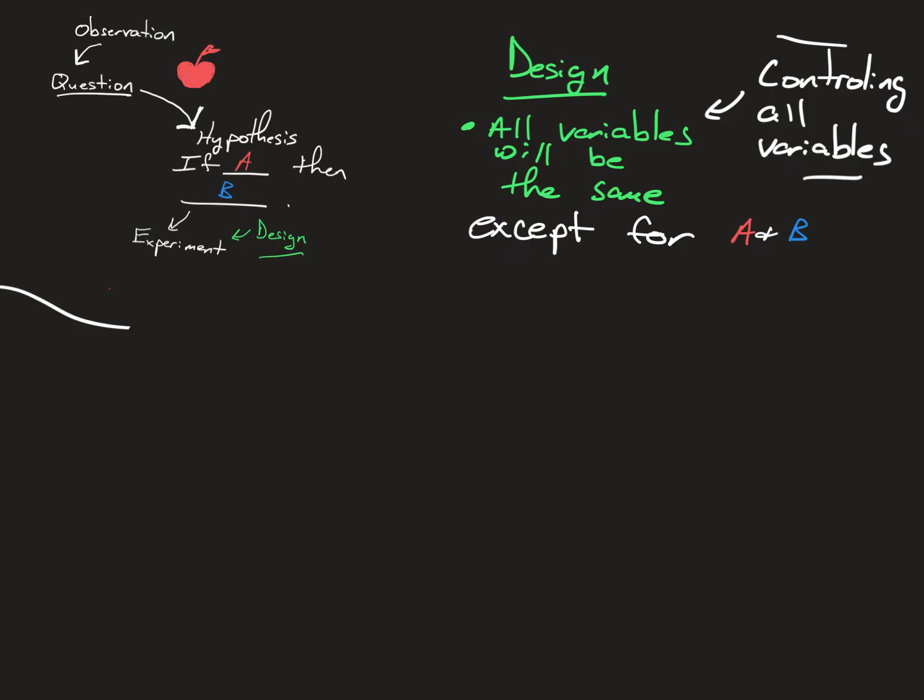So A is going to be the one we change. The variable we change is A. Also known as the independent variable.